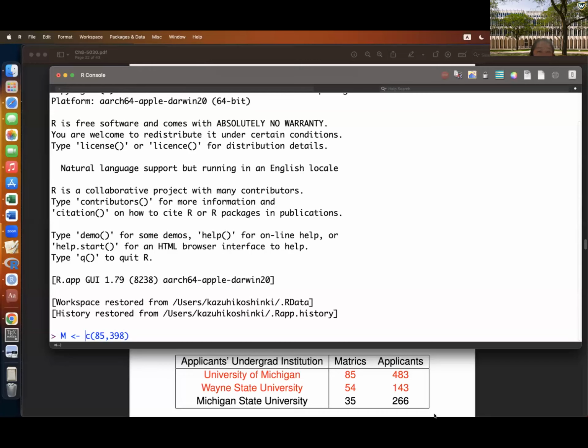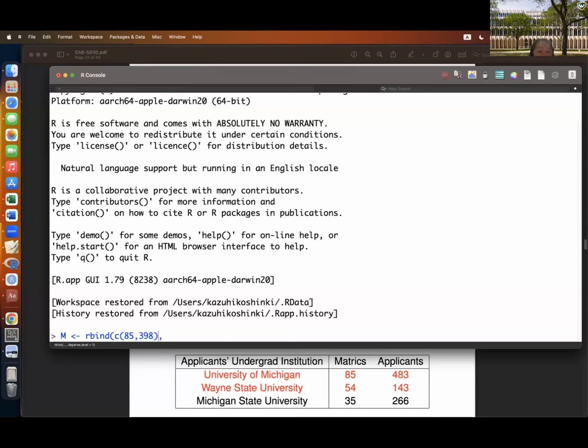So for the U of M, the data should be 85 and 398. So applicants are total, so the matriculated and not matriculated should be in the table.